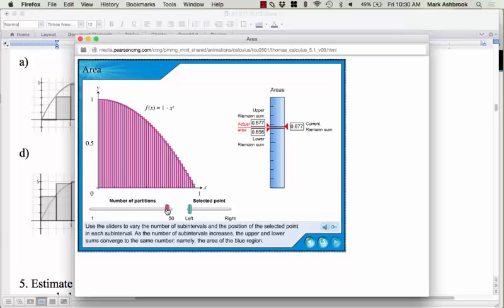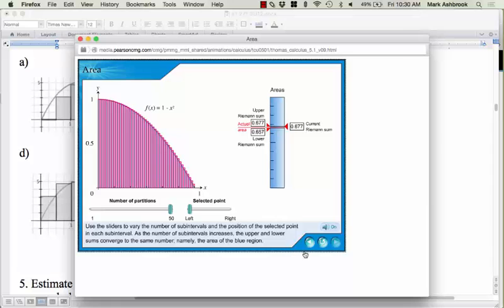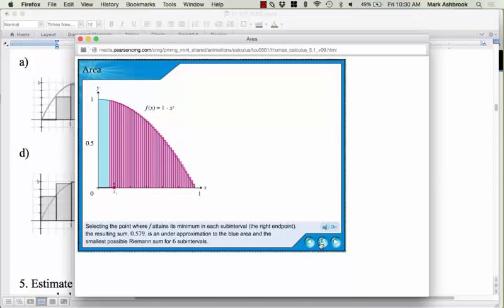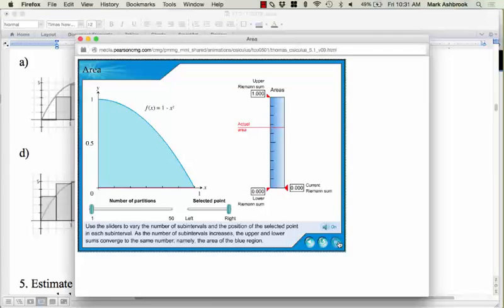Yeah, so it's the area defined by the curve. So you see now the error is very low. The tops of those rectangles are doing a really, really good job of matching the curve. And so adding up the areas of the rectangles is becoming closer and closer to an actual area, that blue area there.